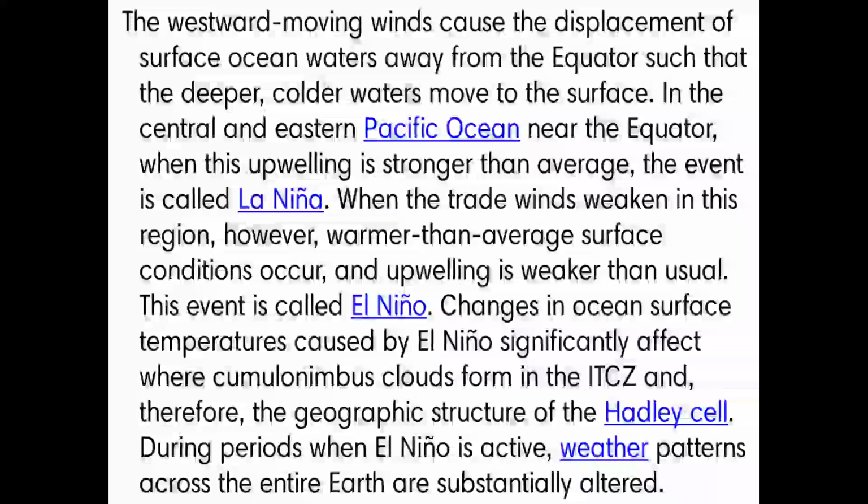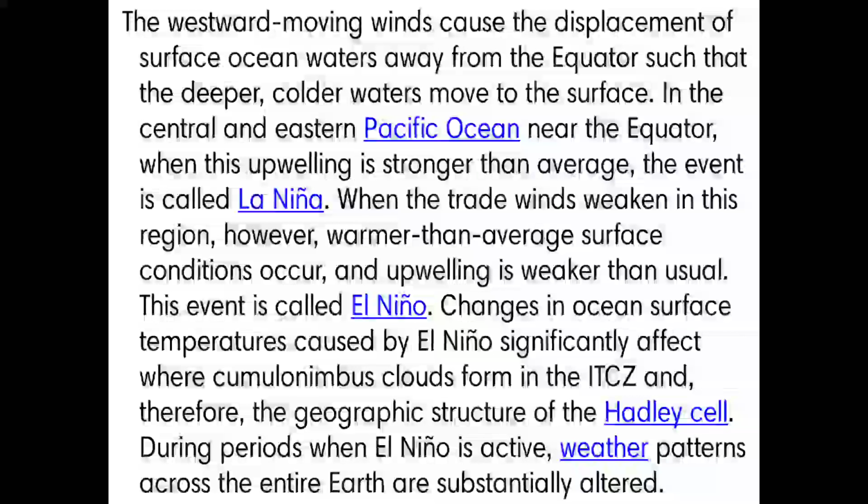In the central and eastern Pacific Ocean near the equator, when the upwelling is stronger than average, the event is called La Nina. When the trade winds weaken in this region, however, warmer than average surface conditions occur and upwelling is weaker than usual. This event is called El Nino.